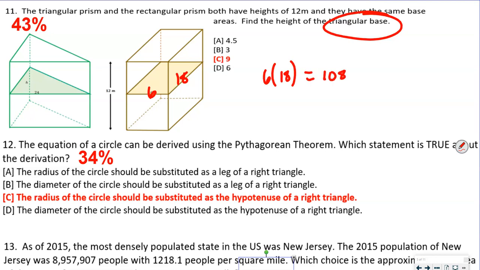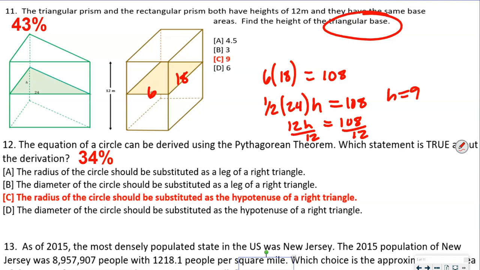And remember that a triangle is 1/2 base times height, right? So we're going to do 1/2 our base, which is 24, times our height, and that's going to be equal to 108, right? So 1/2 of 24 would be 12h, and that's 108. Divide both sides by 12, and so h is equal to 9.